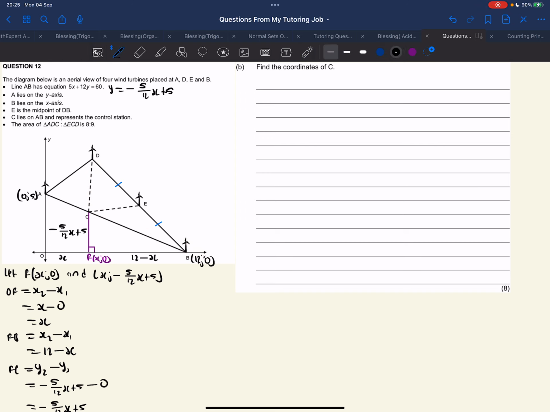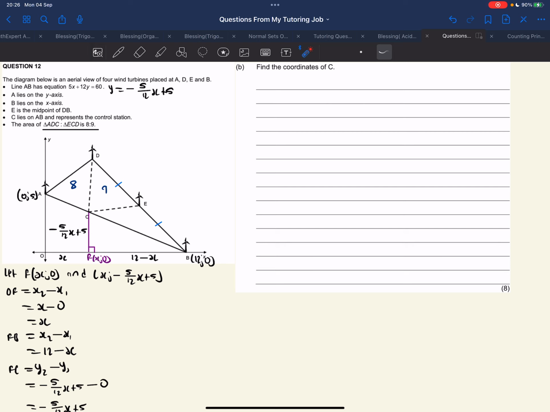But so far, can you see that we know the area of ADC, according to that given ratio over there, we're going to just assume is 8, and the one for ECD is going to be 9. So the triangle whose area we're actually looking for so far is triangle ECB. Then if we know the area of triangle ECB, the area of triangle DCB is going to be the area of triangle ECD and the area of triangle ECB.